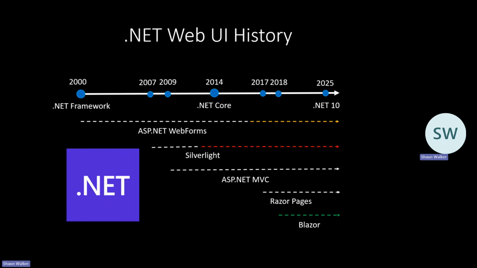In 2009, Microsoft announced ASP.NET MVC. Again, this was sort of in response to developer trends in the industry. Ruby on Rails had emerged as a very popular option using the MVC approach for developing server-side applications.